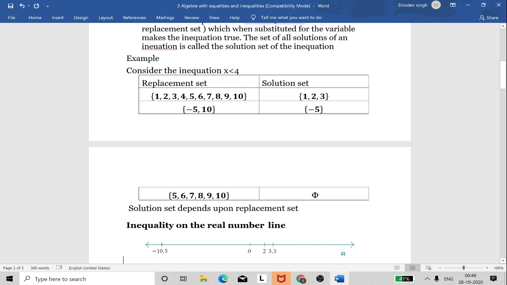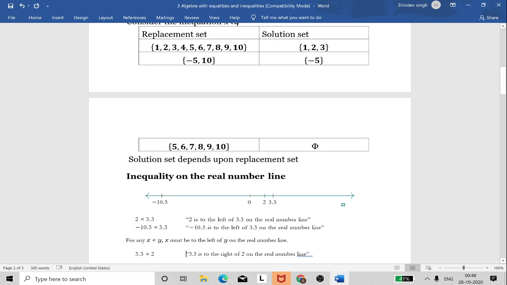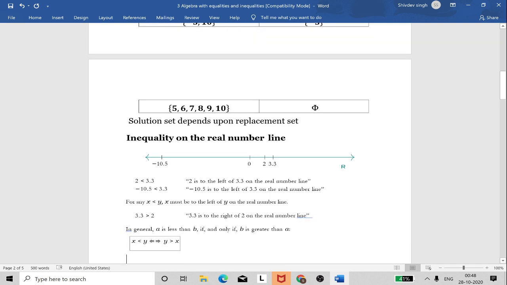Now, what is the inequality on the real number line? We have seen that there are infinitely many numbers on the real number line. How do they look on the real number line? For example, 2 is less than 3.3. That is, 2 is on the left side of 3.3, so it is less than 3.3. Minus 10.5 is also less than 3.3 because on the real number line, it is on the left side of 3.3.